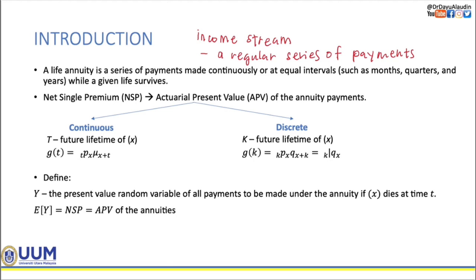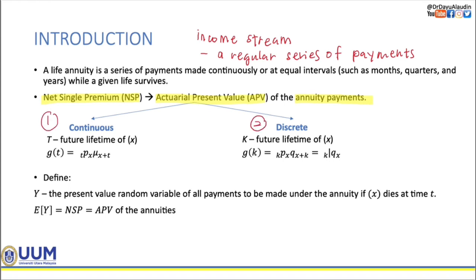So the NSP or net single premium, or we call it the actuarial present value of the annuity payments, has two types. First is continuous and discrete.